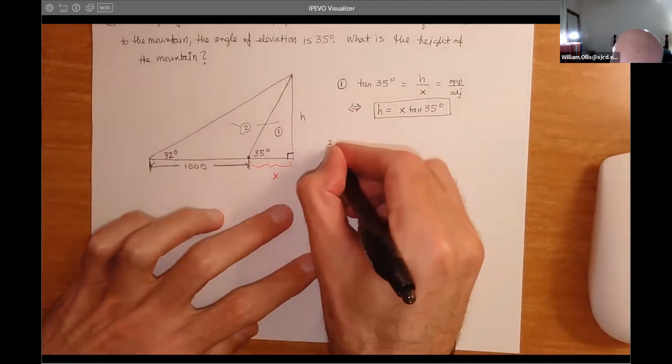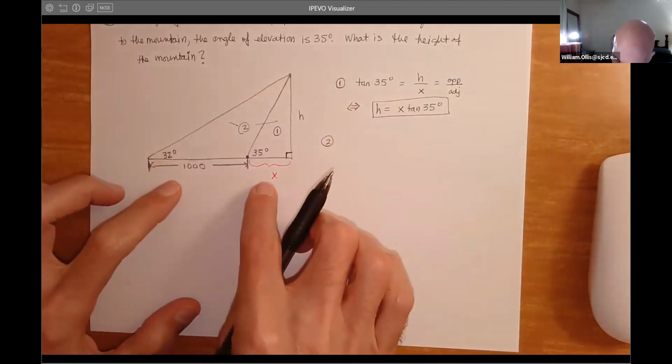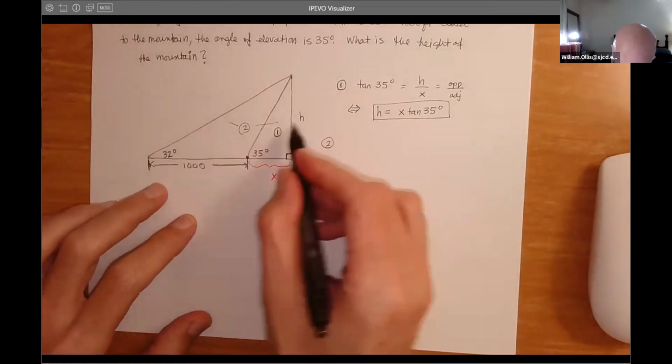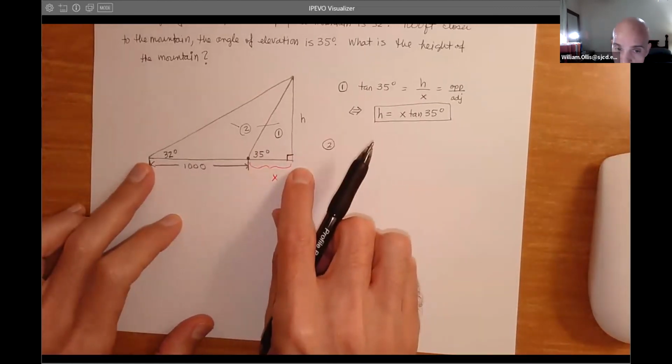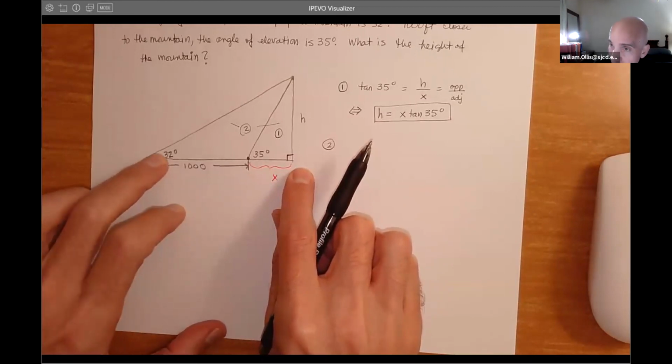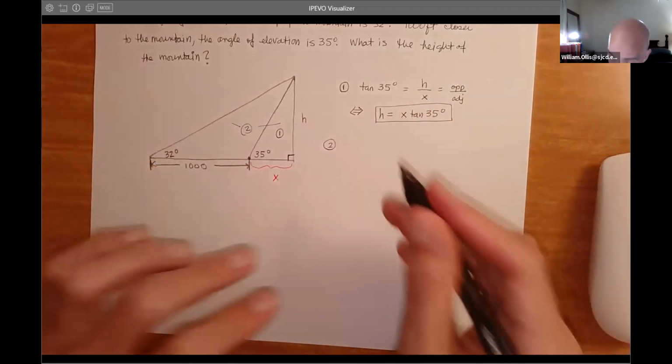So number 2, again, we want to look at the bigger right triangle. Now we can use the same functions. That is, we have this leg, which is X plus 1,000, as the adjacent side to 32, and then H as being the opposite. So we can use tangent again.